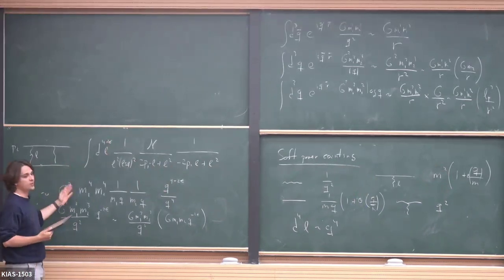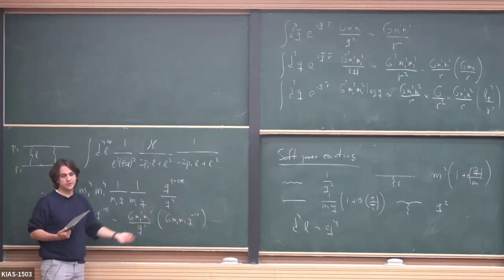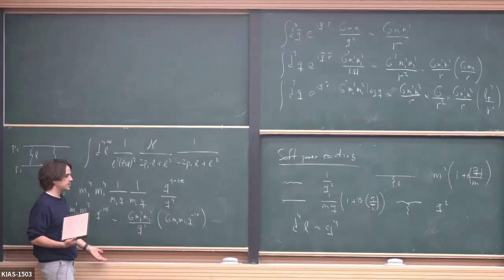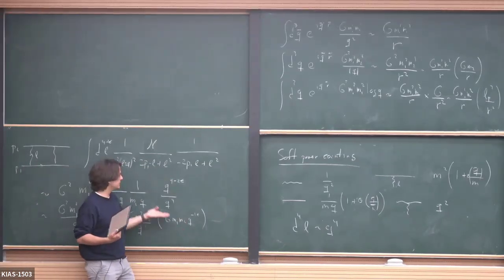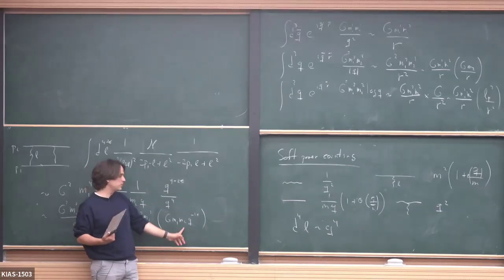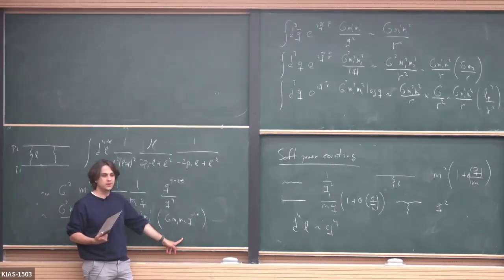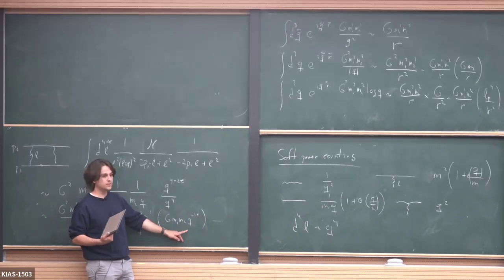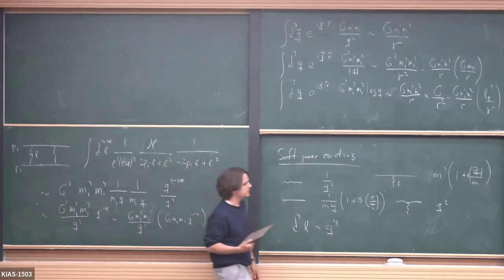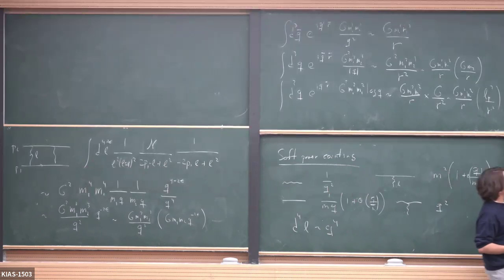Notice, however, that if I expand to the subleading order, then I would get something reasonable, because any correction to this will go like q over m. It would remove 1 power of m and introduce 1 power of q. Then that will give me something that looks very similar to what we computed here, which had a g m q.